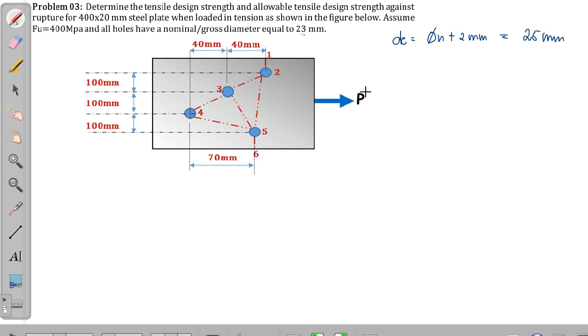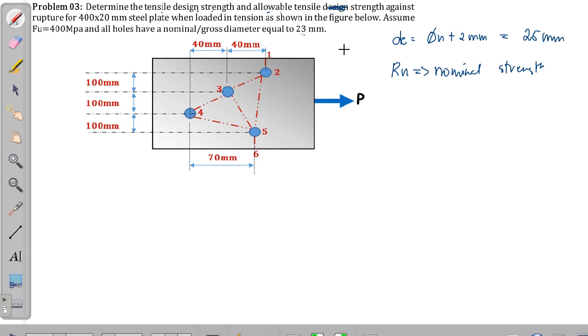Okay? So to solve for the design and allowable tensile strength, we should know, or we should solve first our Rn, or yung nominal strength. Okay? Since this is used to solve for our tensile design strength and the allowable tensile strength. Okay?